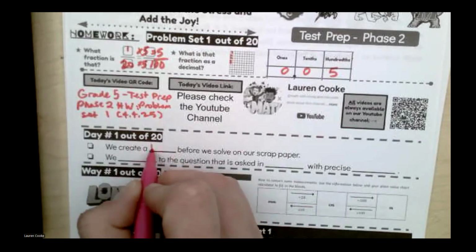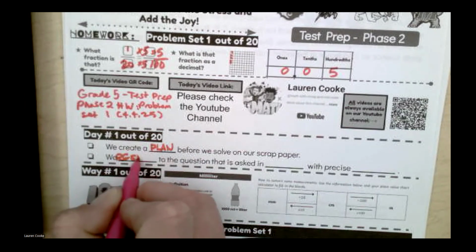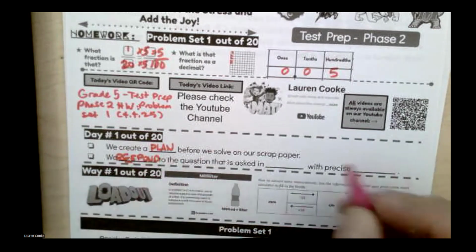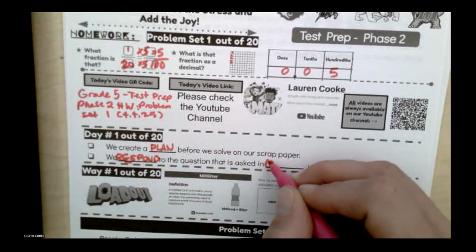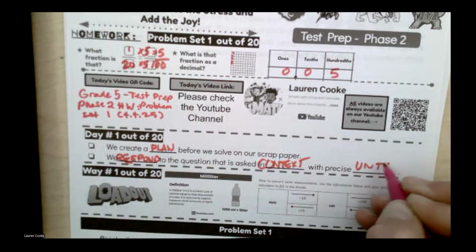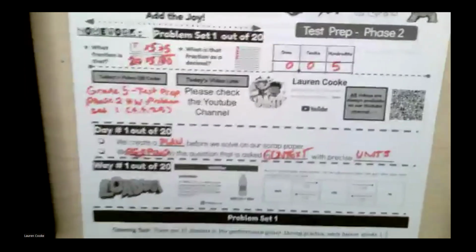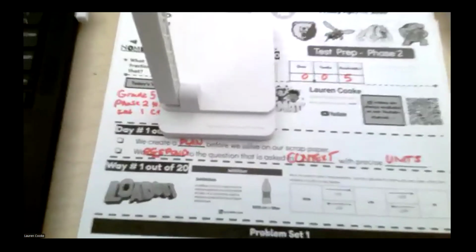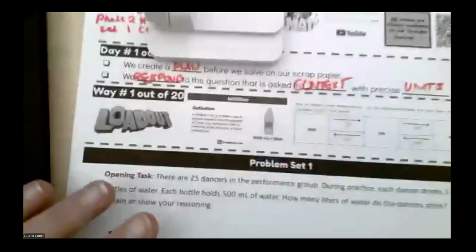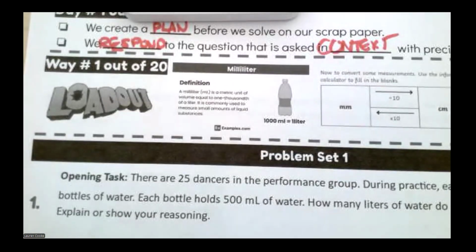All right. Our work so far is creating a plan because we respond to the question that's asked in context with precise units. In problem set 1, we went over what a milliliter is, and that 1,000 milliliters is equal to a liter. So our loadout is remembering that because that does not come on our reference sheet.